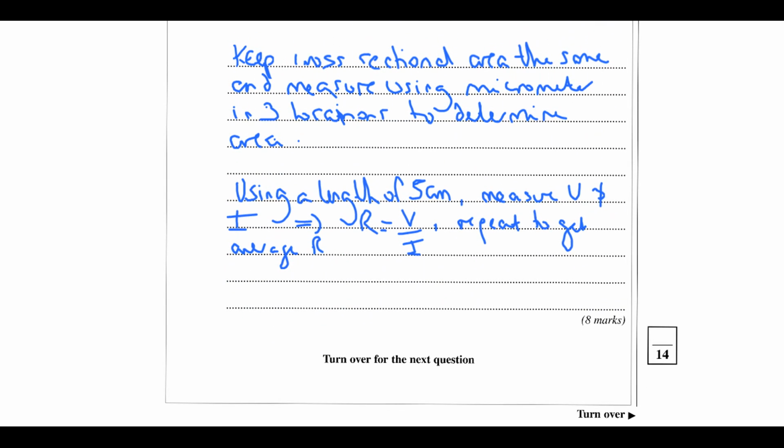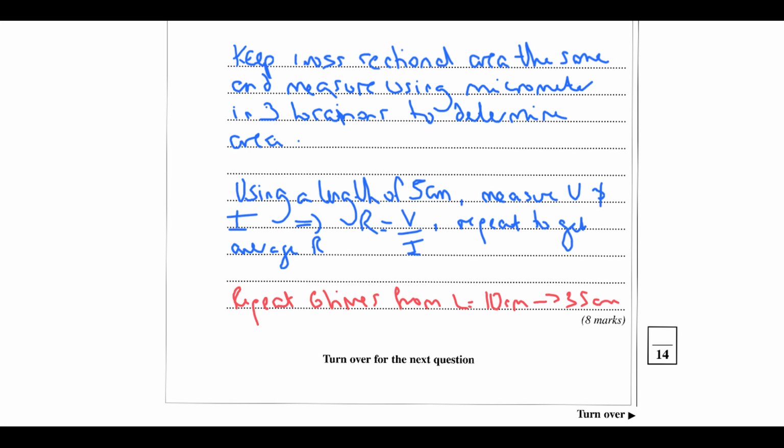And I'm going to run out of space here, so repeat 6 times from L equals 10 centimeters. So I'm going to do 10, 15, 20, 25, 30 to 35 centimeters. So we get a range of lengths and a range of resistances.